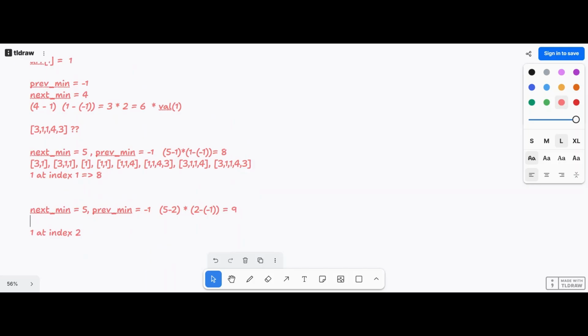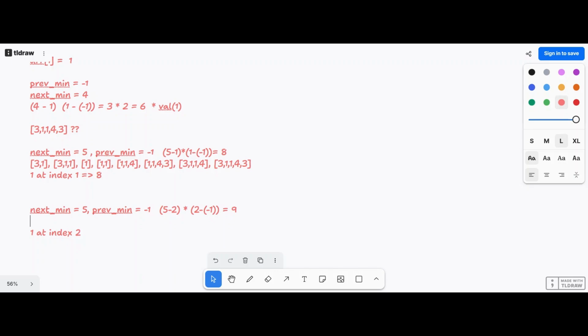Is it true? Okay, 3 1 1 could come, but 3 1 1 is here also. So these are the common subarrays. I cannot take 3 1 1 over here because I've counted it already for the 1 at index 1. Any one of the two ones could be the minimum, not both.